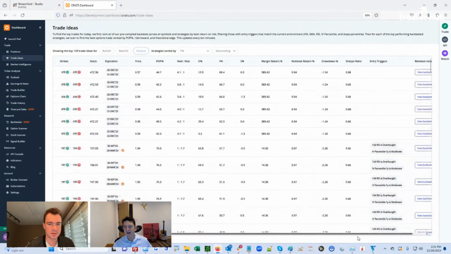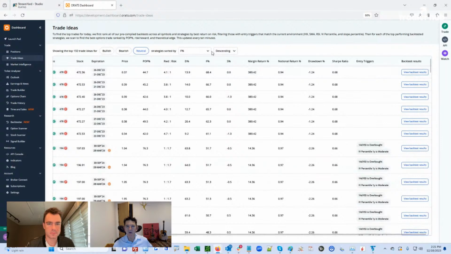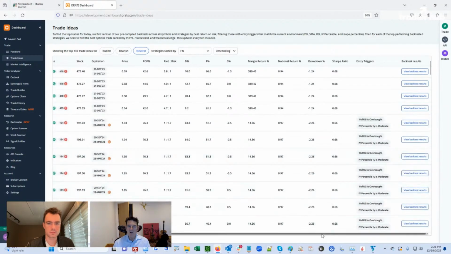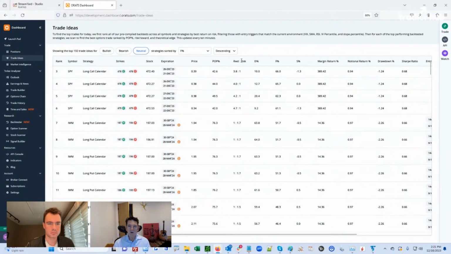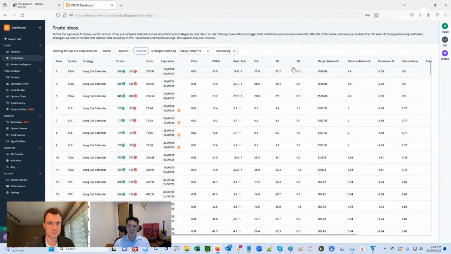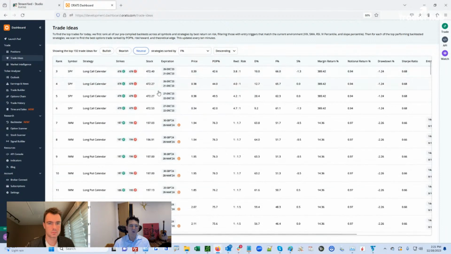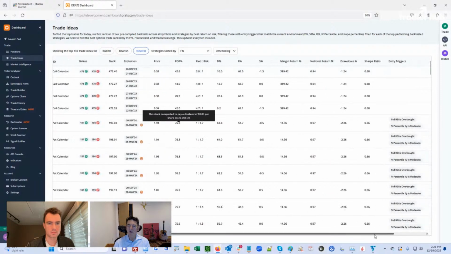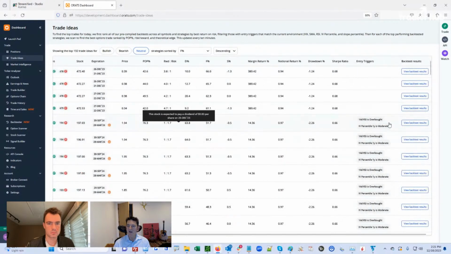Yeah, that's why we came here in the first place. We saw that in this market environment, where the IV is pretty low, let's look for some high margin returns. A lot of these calendars are doing well when RSI is overbought.